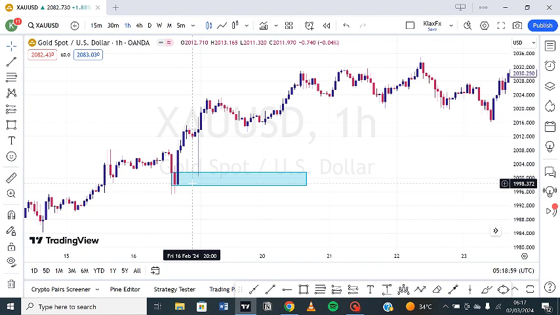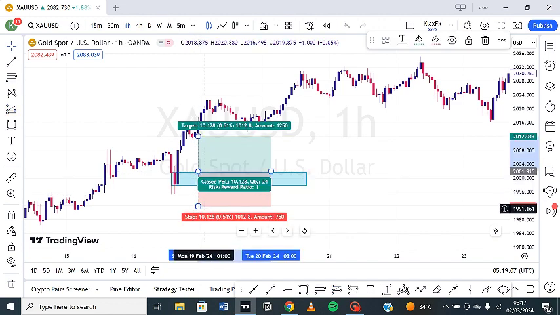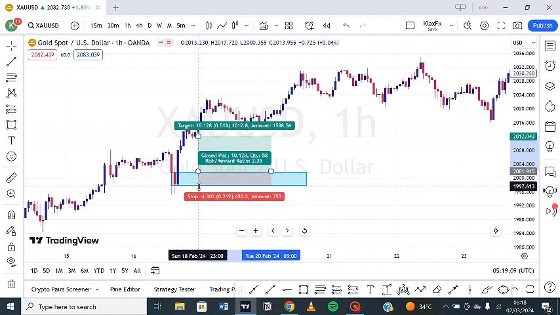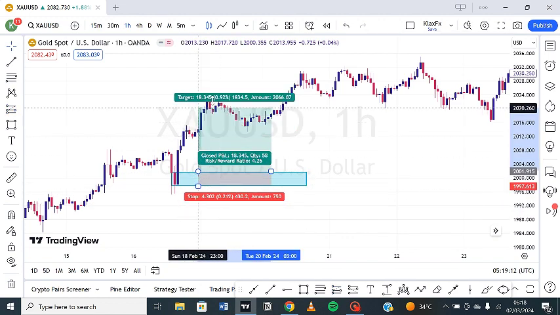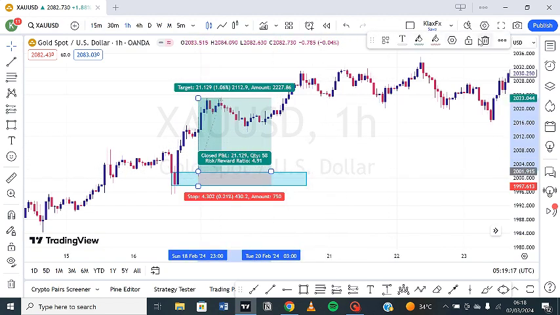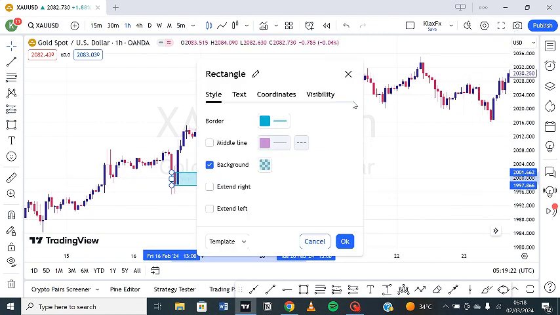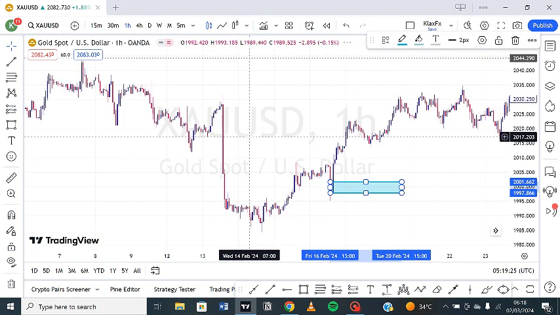You get to make the market tap into this point. You're taking a buy entry like this and a stop loss below this zone. You see the market got it. So this is how to mark out your Malaysian SNR using the classical method. The classical method is actually one of my favorites, the way I mark out my SNR.